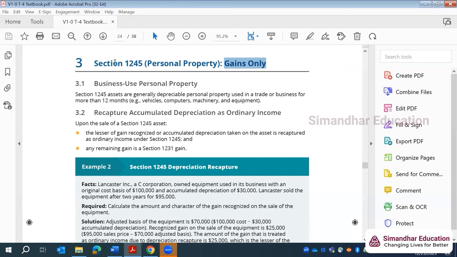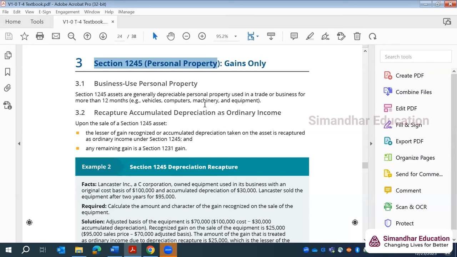Will Section 1245 come into the picture? There is no gain in this transaction, so what are you trying to recapture? You cannot recapture because we have not had any gain. So remember that Section 1245, Section 291 and Section 1250 will only come into the picture when there is a gain on a transaction.